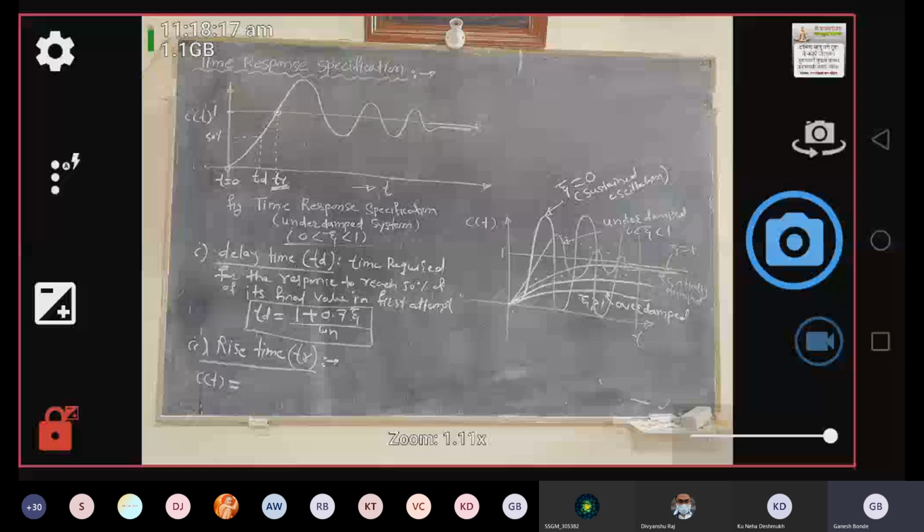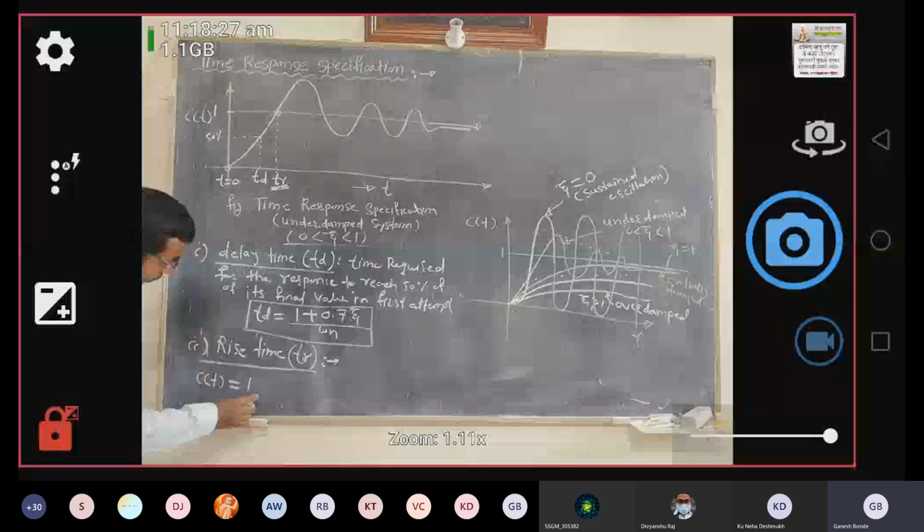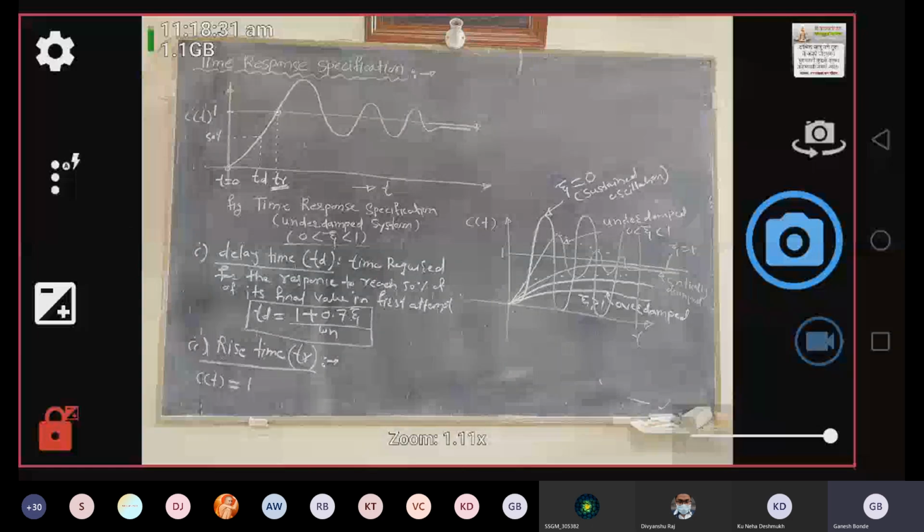What is C of t? You have not noted it down, I think. So note this down. Are you noting it down, or are you simply listening to me? So step by step you can note this down.